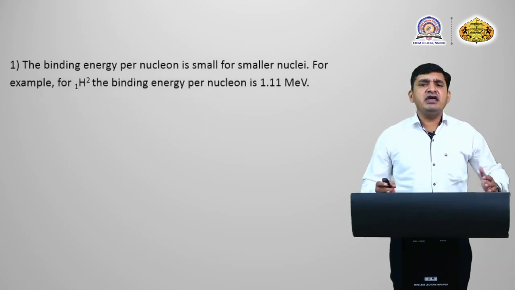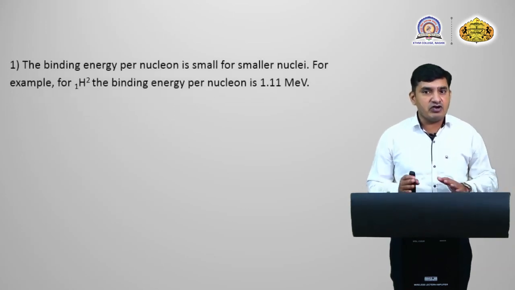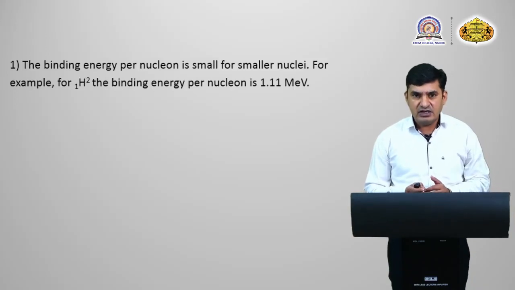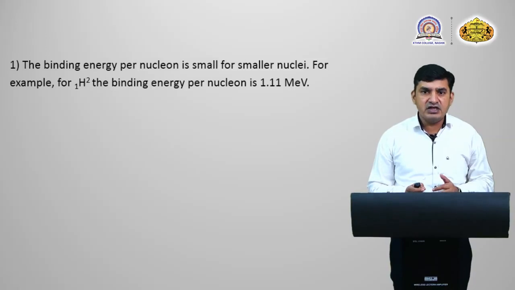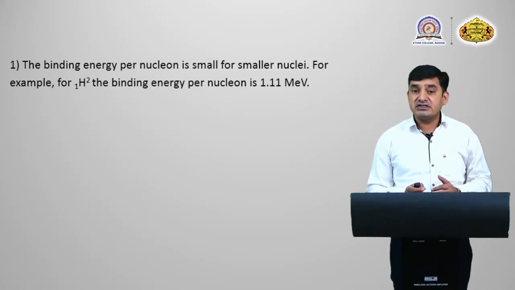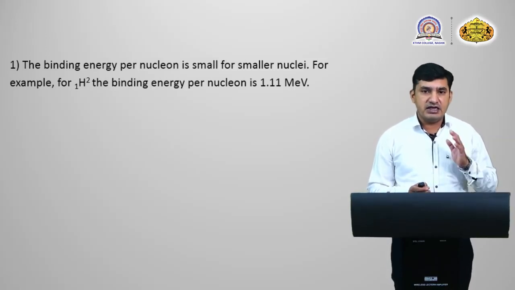So the first feature: binding energy per nucleon is small for smaller nuclei. For example, if we consider the case of hydrogen, the binding energy per nucleon is 1.1 mega electron volt.